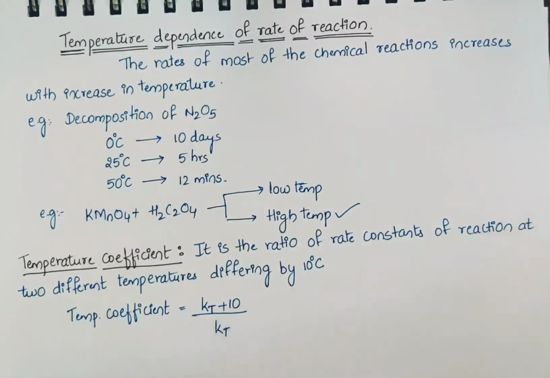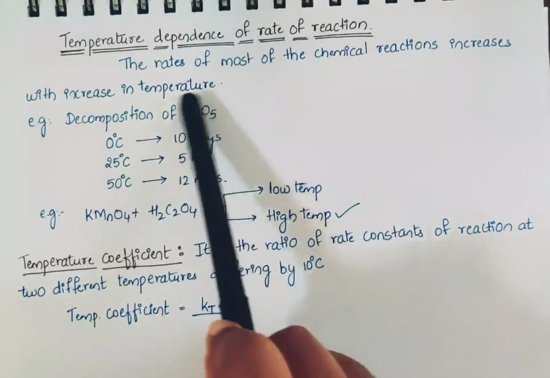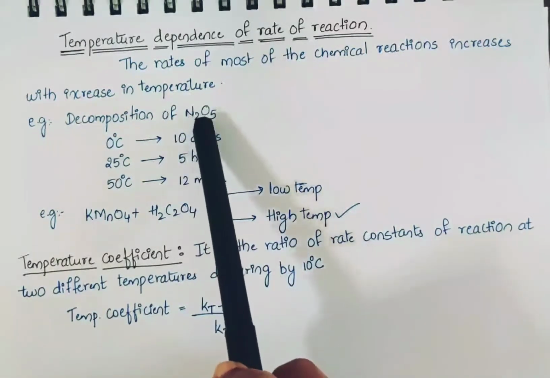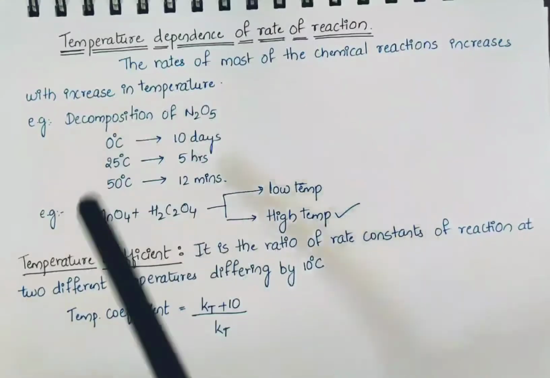Now we all know that the rate of most chemical reactions increases with an increase in temperature. For example, consider the decomposition of N2O5 to reduce to half of its original amount.